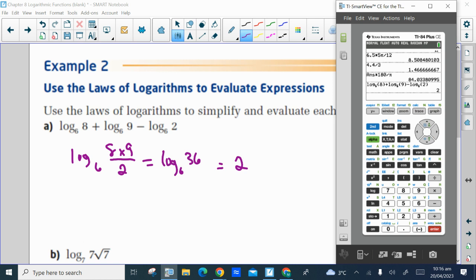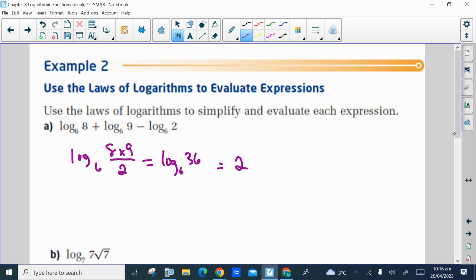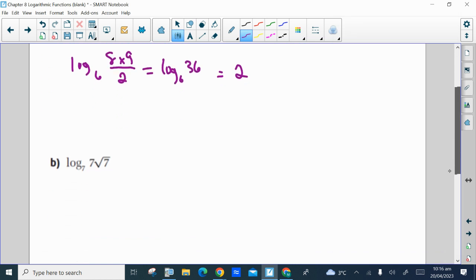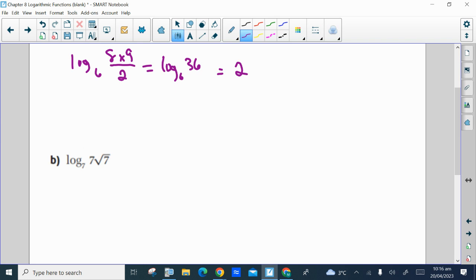So our answer checks. So this is certainly a common application of these logarithm laws.